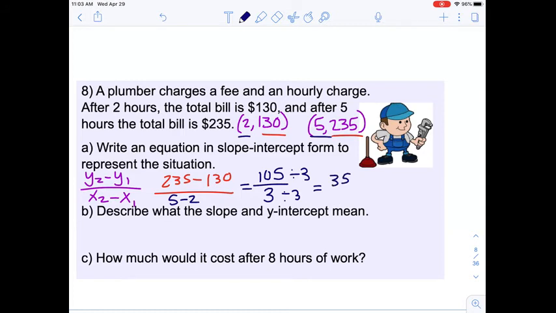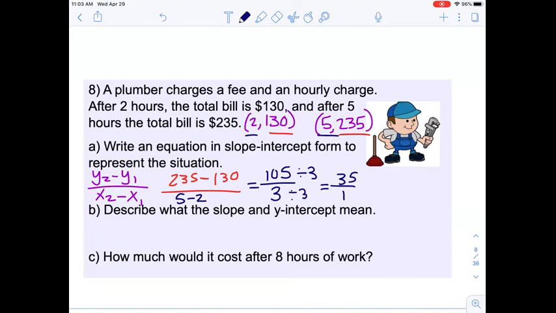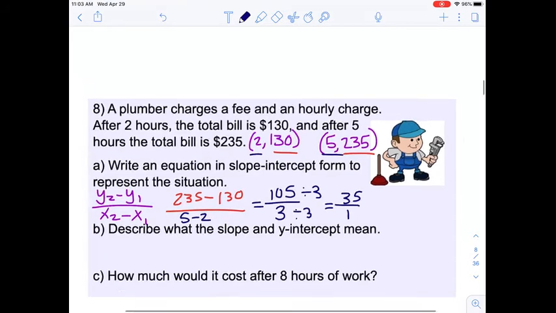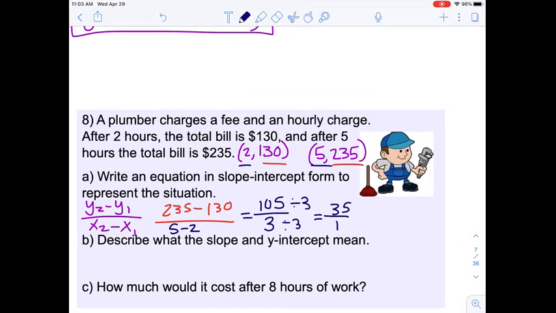Then I'm going to simplify that. I'm going to divide both by 3, and I'm left with 35 over 1. So that's my slope. And then I need to find my y-intercept.